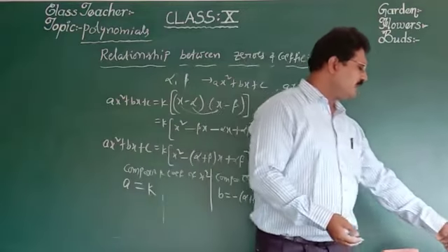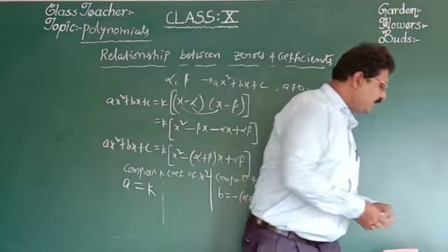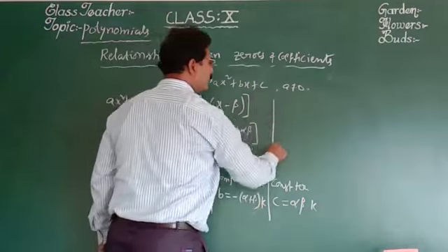Now we have to verify how to define this. Here a is equal to k, b is equal to minus of alpha plus beta, again times the constant k, and c is equal to alpha beta, also times the constant k. Now by using this result, what is alpha plus beta, the sum of the roots?